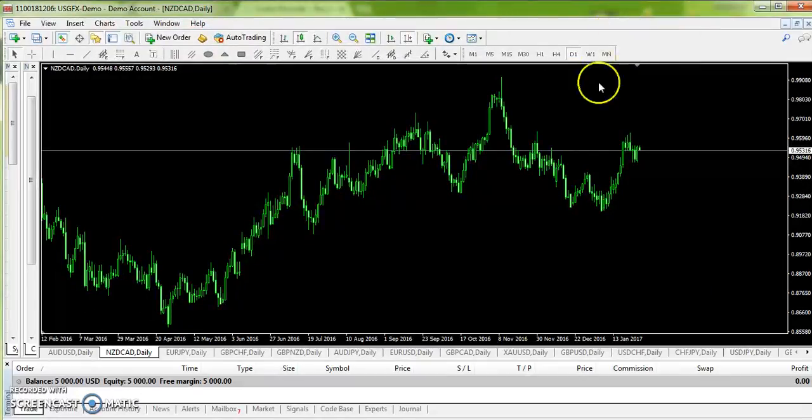This is the chart of New Zealand dollar versus Canadian dollar, and it is a daily chart. As you can see in this chart, there was a buying trend that has persisted from April 2016, the lowest point, up till November 2016.